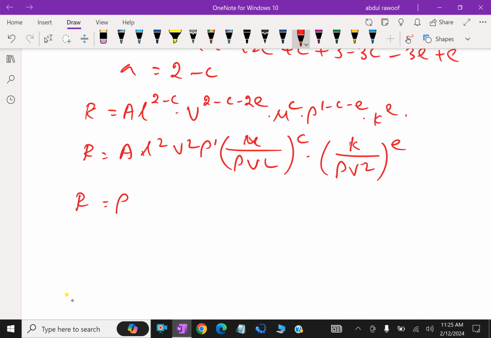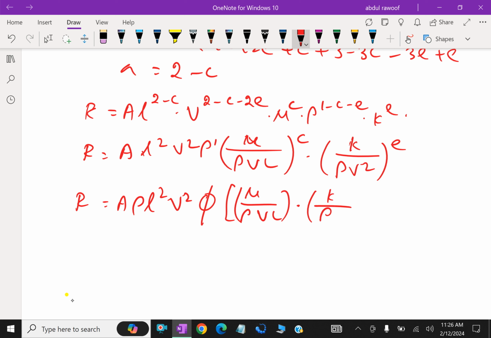Simplifying, R equals A times rho L squared V squared, times a functional relation phi of mu over rho V L and K over rho V squared. We remove the powers c and e because we are introducing a new functional relation phi, which depends on them.